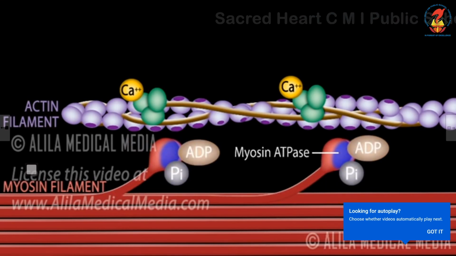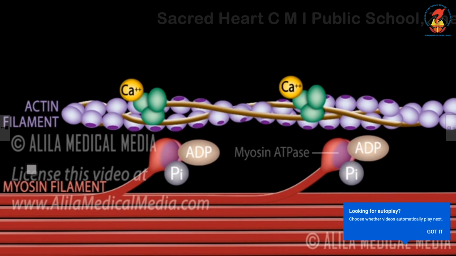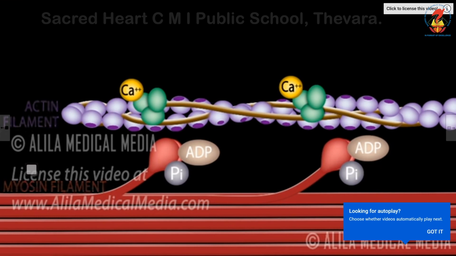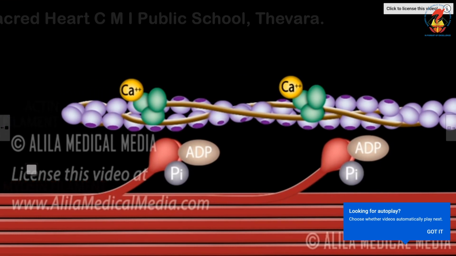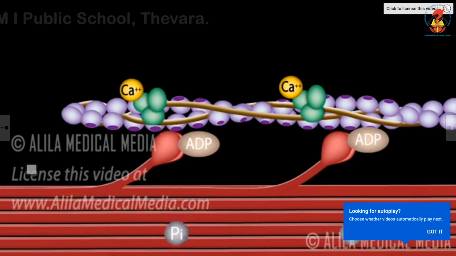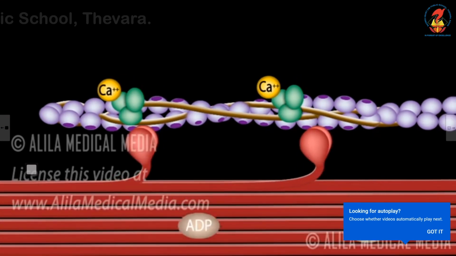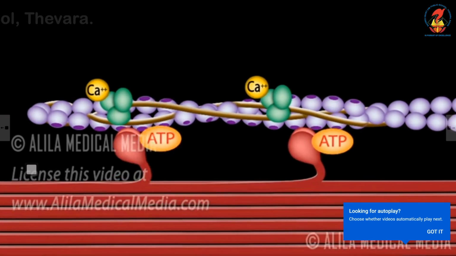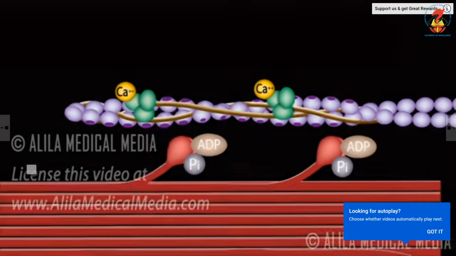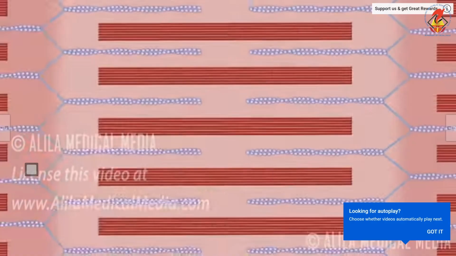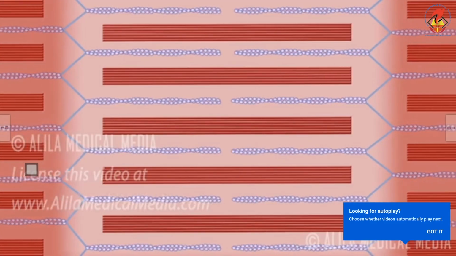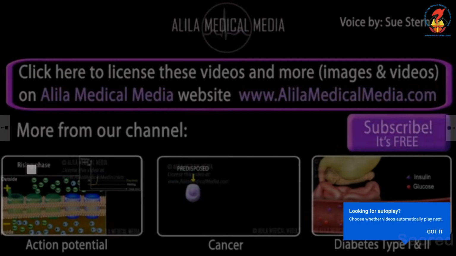This energy is utilized to fit into the exposed sites on the actin, and ADP and P, the products of hydrolysis, are released. Cross bridges pull the actin, a new ATP binds, and the cycle of events continues. So, this is how the actin filaments slide over the myosin filaments.